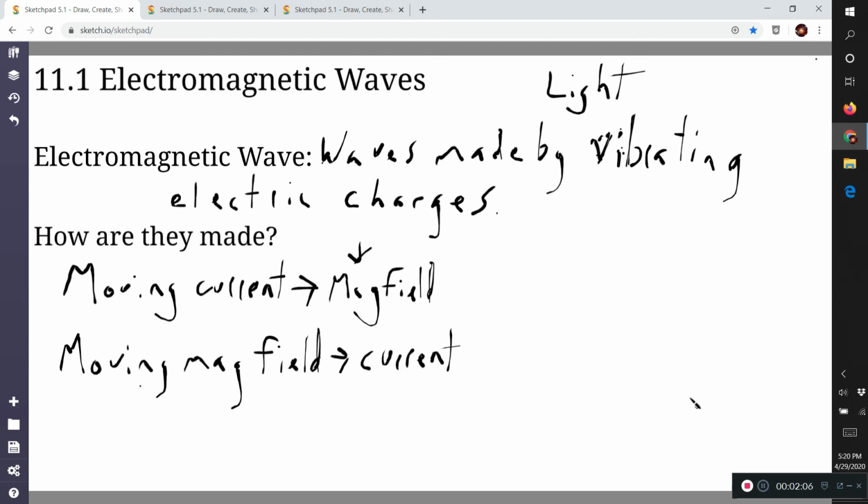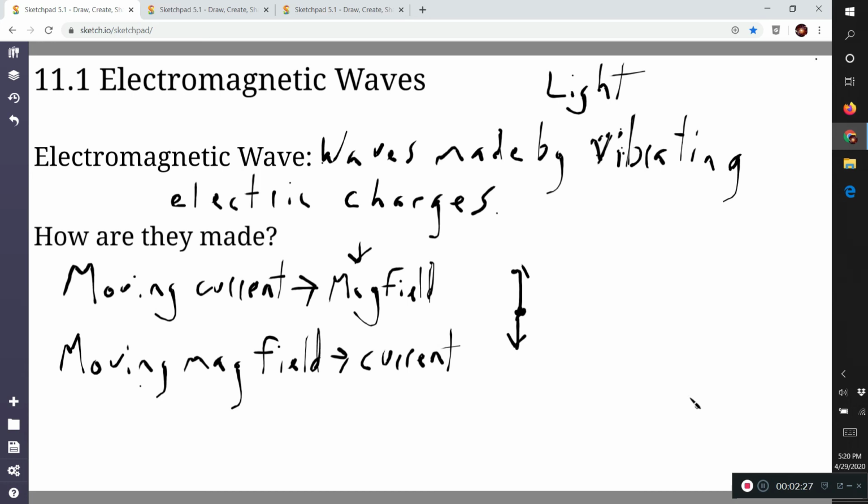So when you take an electron and you vibrate that electron, that's a moving electrical field, which creates a magnetic field, which then creates an electrical field, and it just goes back and forth and back and forth.